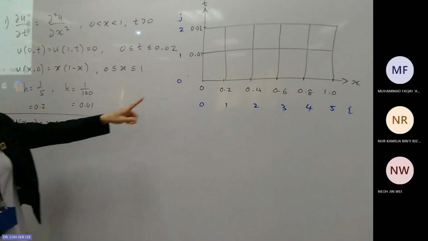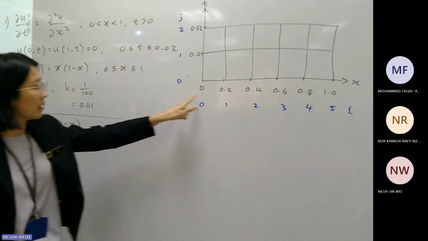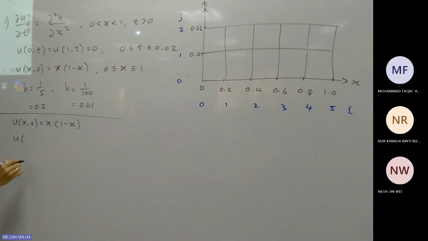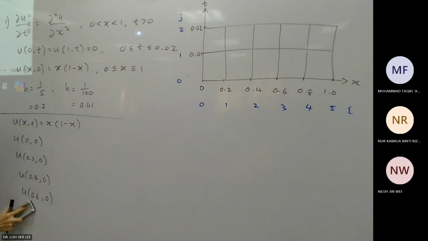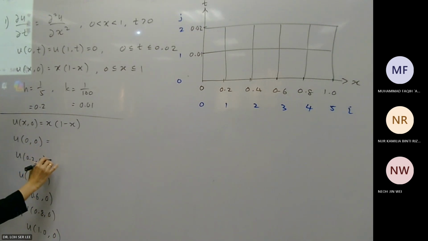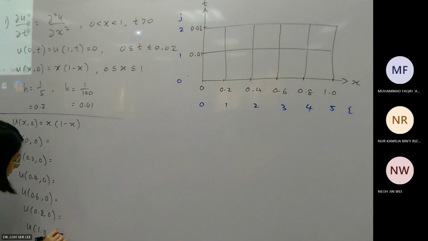Okay, so you have all this for your x values. Compute the right hand side values accordingly.